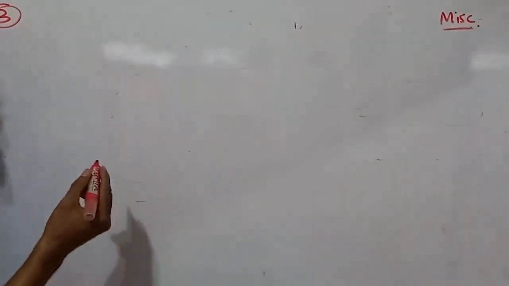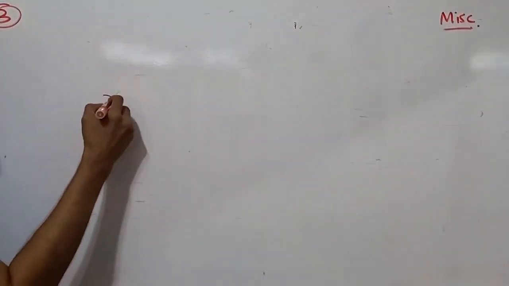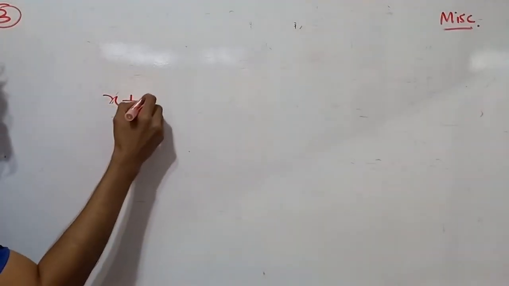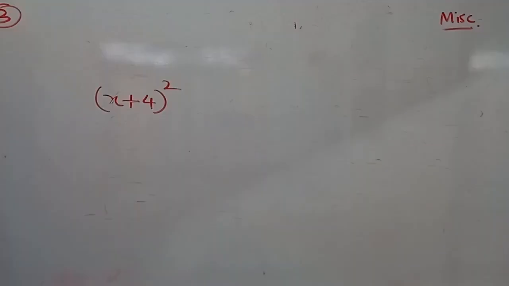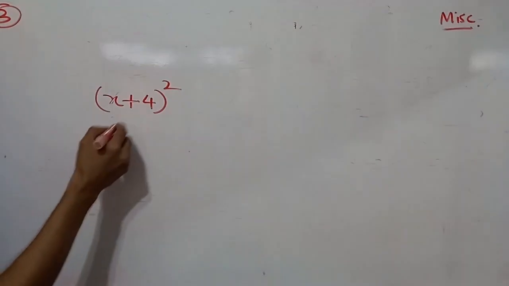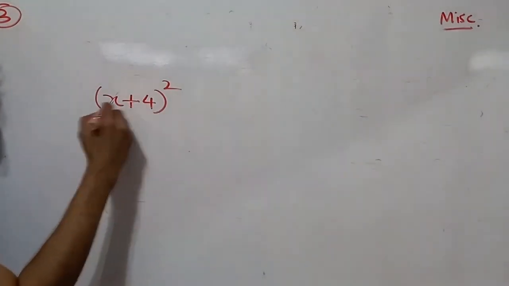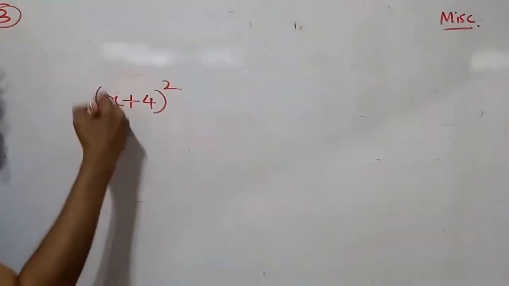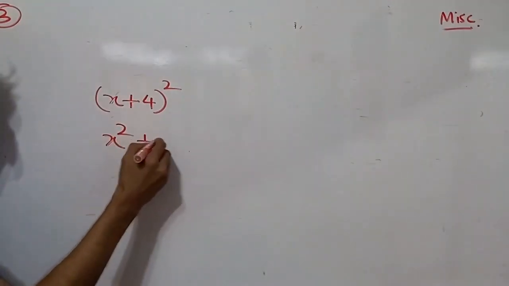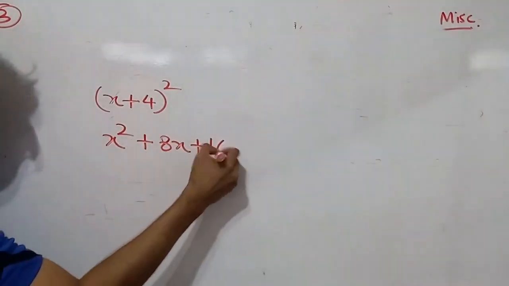Right. So before we do this question, I will take a binomial expression something like this, x plus 4. Right. So we know after simplifying this, we will get something like this, x squared plus 8x plus 16.